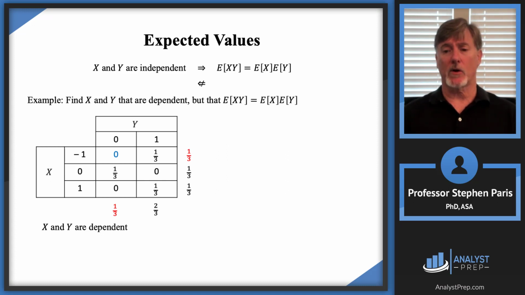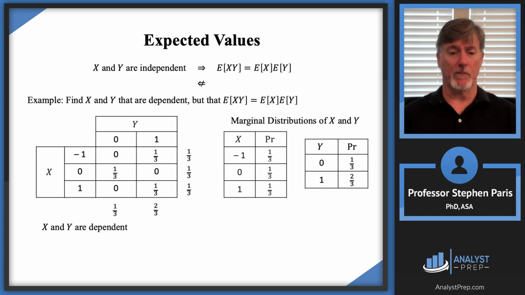Now let's look at the marginal distributions of cap X and cap Y. I've got the marginal probabilities, and I just use those to create a table, and that's what the marginal distribution is. Then I see that the expected values of cap X and cap Y are 0 and 2/3 respectively.